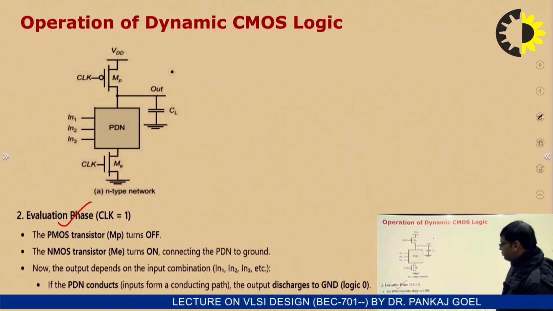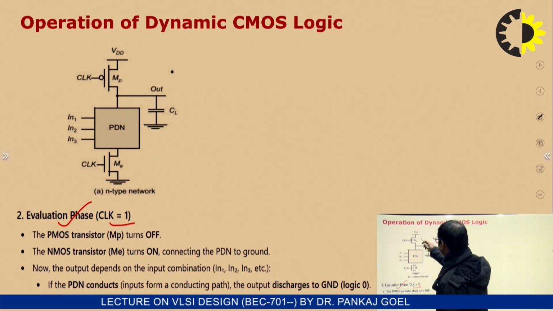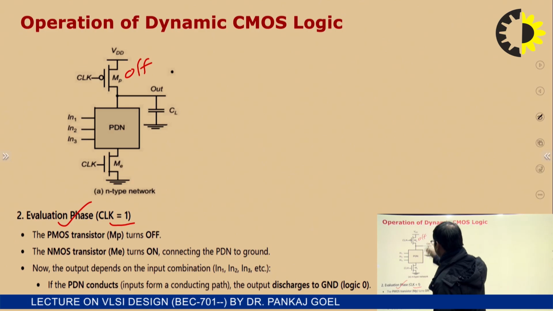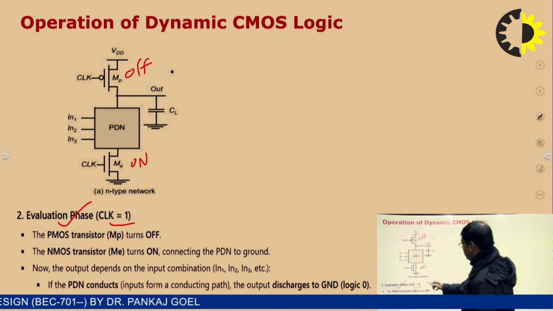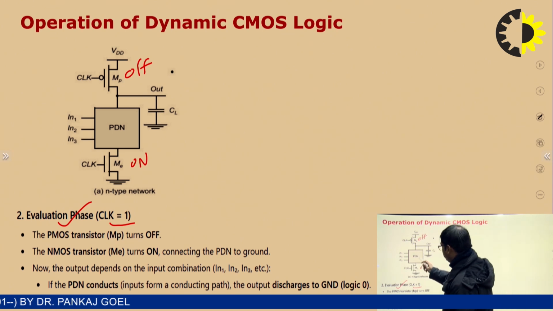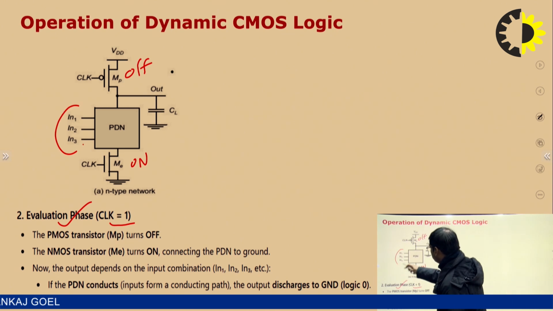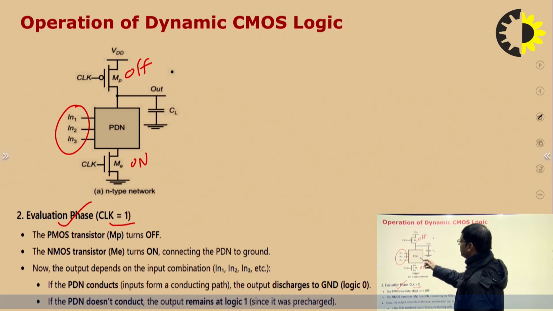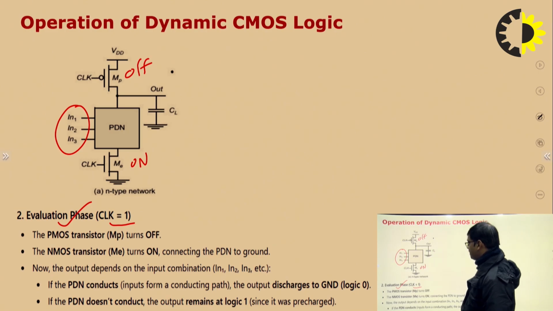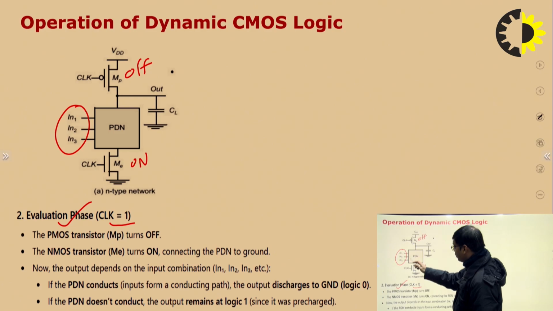During the evaluation phase, clock is 1, so PMOS is off and NMOS is on. Now, during the evaluation phase, depending on these input values, your pull down network may conduct or may not conduct. If the pull down network does not conduct, then the output remains at logic 1 because it is not discharging.